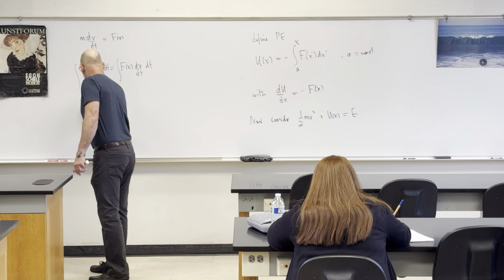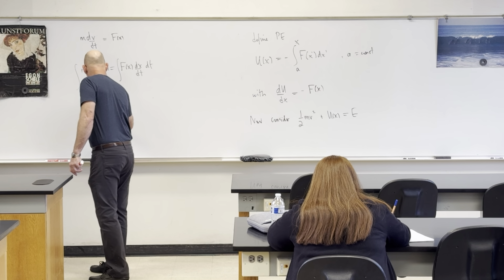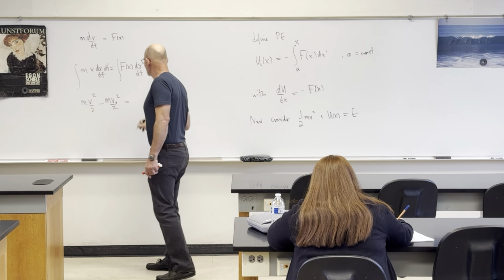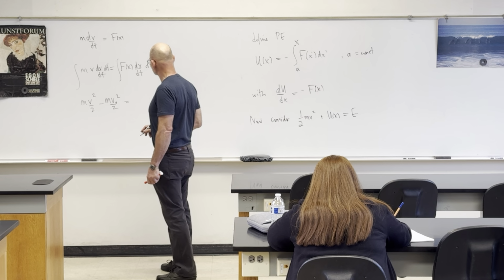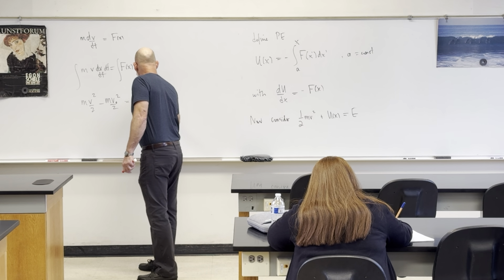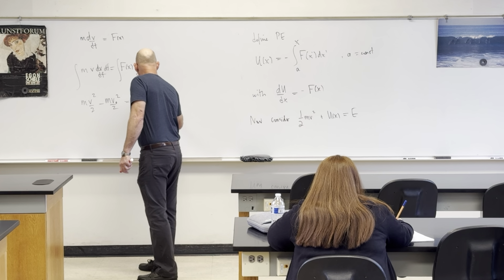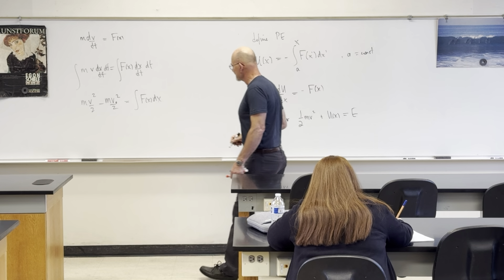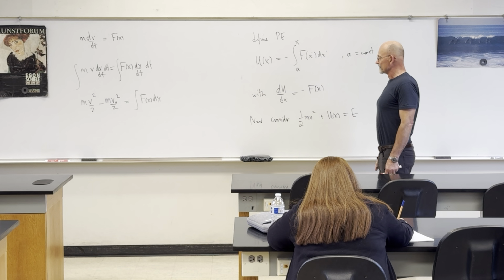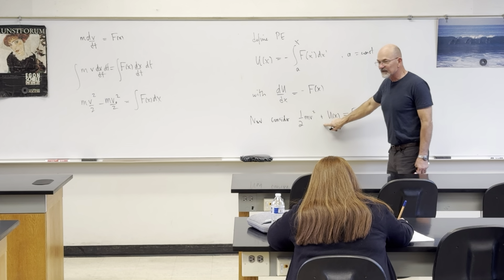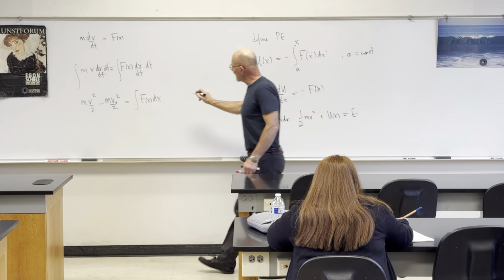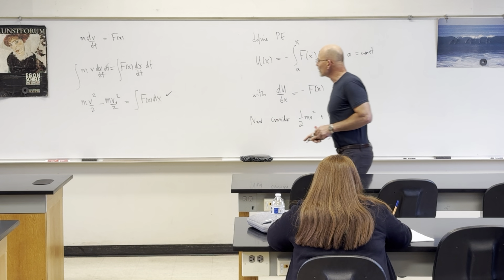And then we get m v squared over 2 minus m v naught squared over 2 equals the integral of F of x dx. So that's where this comes from. So keep that in your notes and leave some room around it.